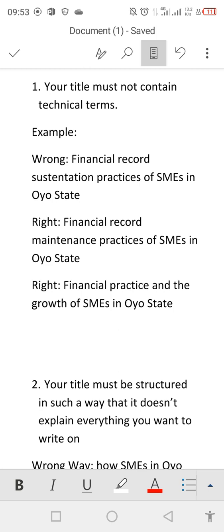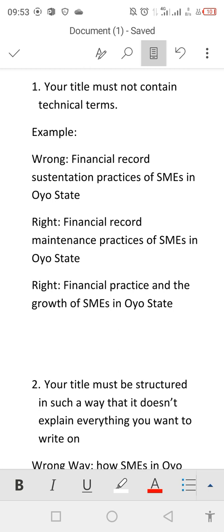So, for instance, let's say, for example, that I am interested in researching how the small-scale businesses in Oyo State maintain their financial records.